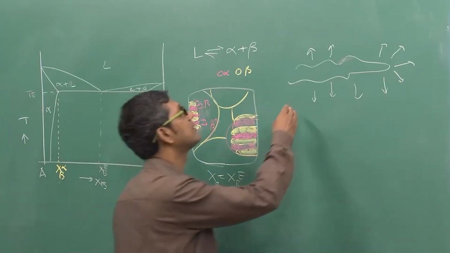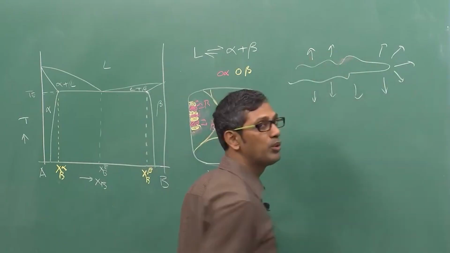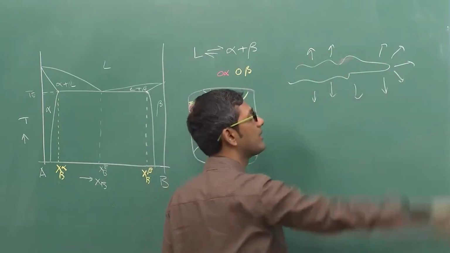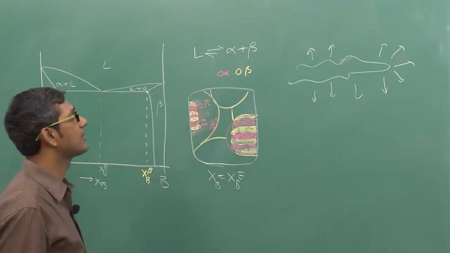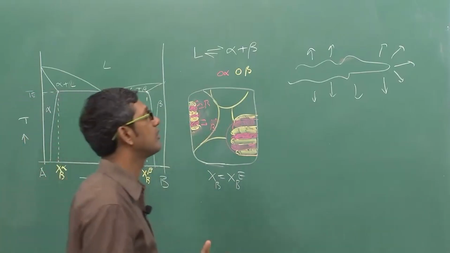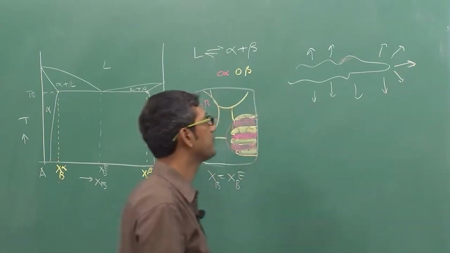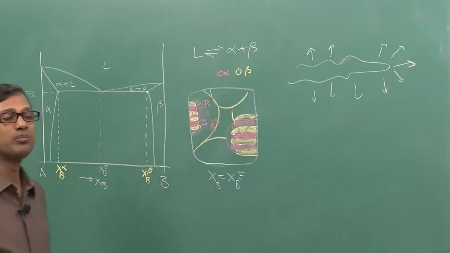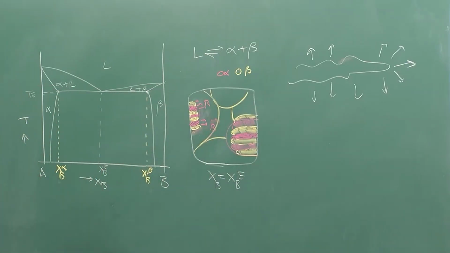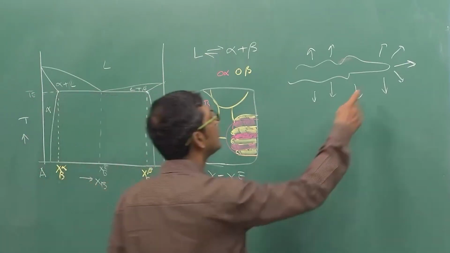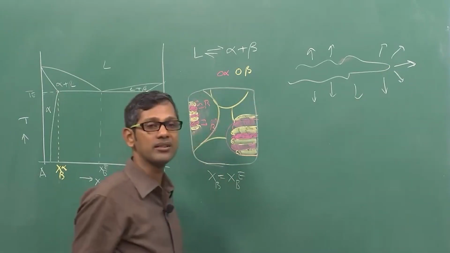That means this solute needs to be moved away from these portions of the dendrites, and this kind of diffusion is over a long distance. This requires atoms to move quite a long distance. So that is why dendritic growth is mostly governed by the diffusional flux of the solutes from the tip of the dendrites to a larger distance.